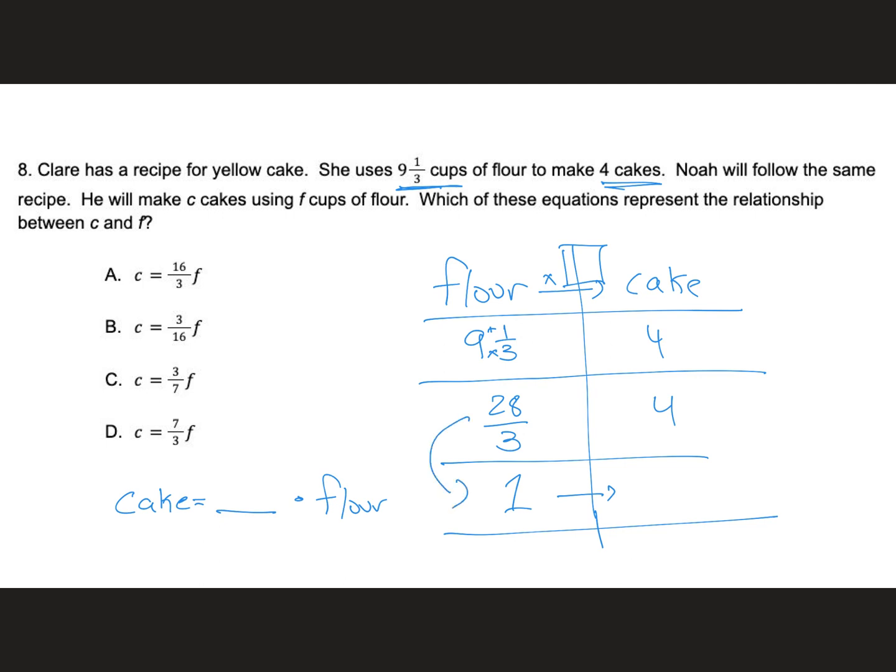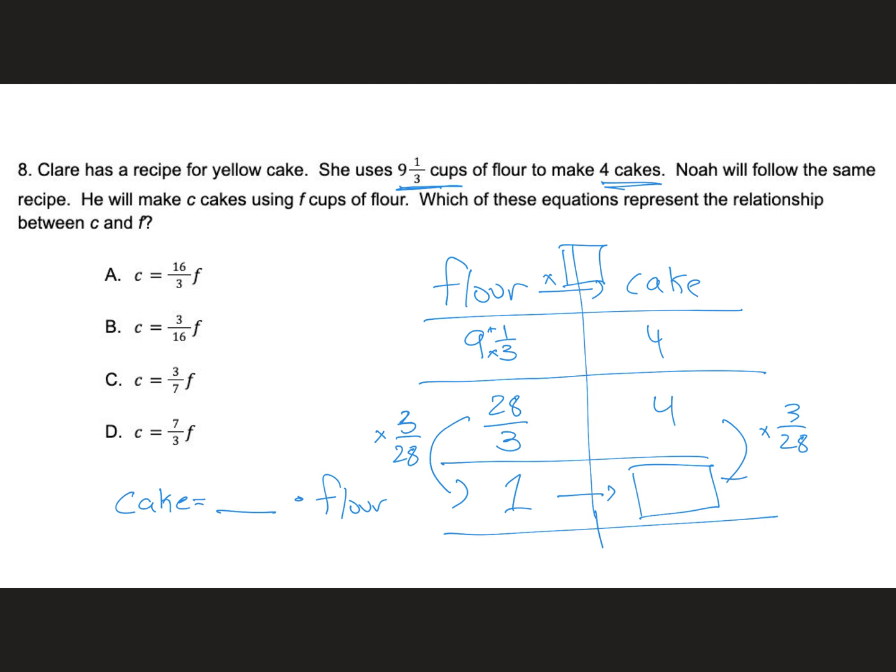Now how do I go from 28 thirds to 1? I always just multiply by the reciprocal, by 3 28ths. So 4 times 3 28ths will give me this solution.